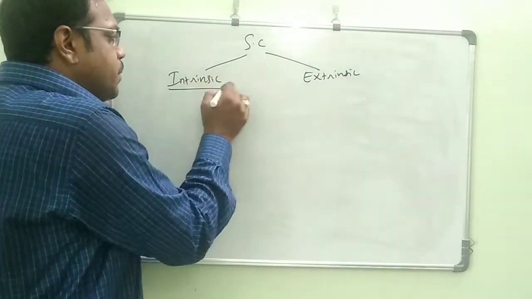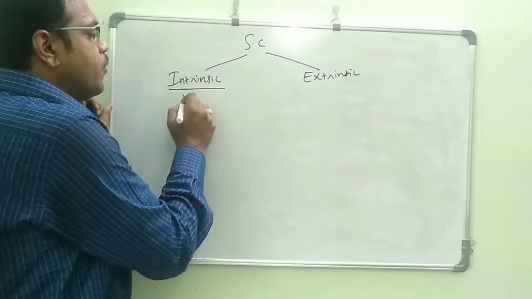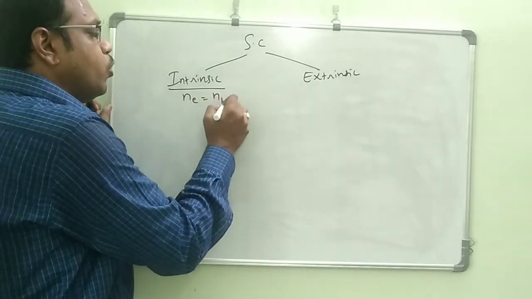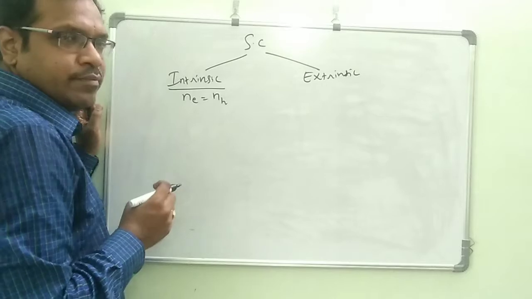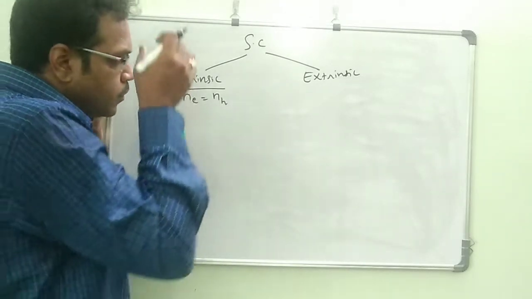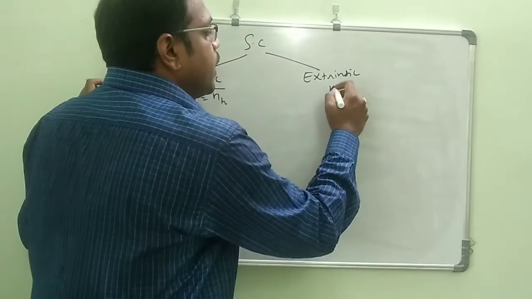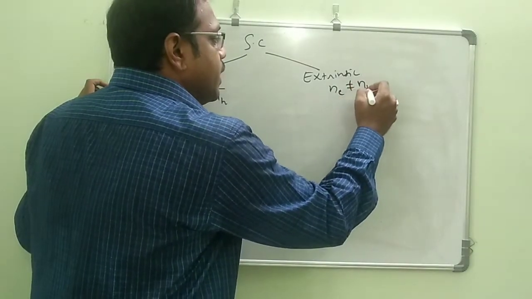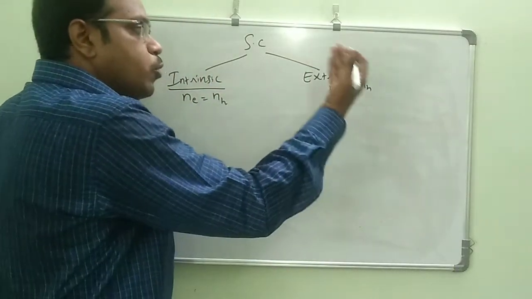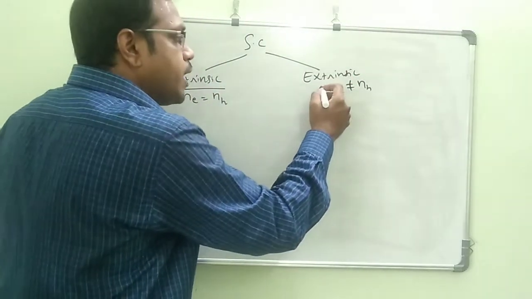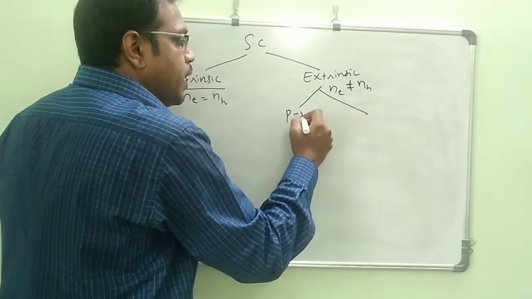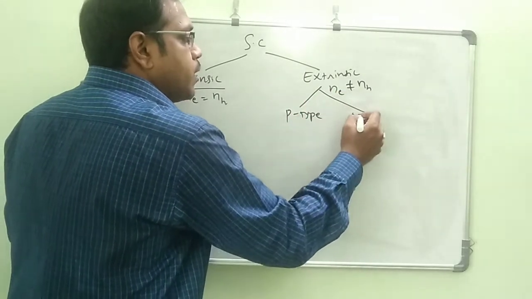In an intrinsic semiconductor, the number of electrons is equal to the number of holes. The number will be equal. In the other type, we will not get it like this. Sometimes you will get more electrons, sometimes more holes, depending on which is more, and they are again classified into two types, P type and N type.